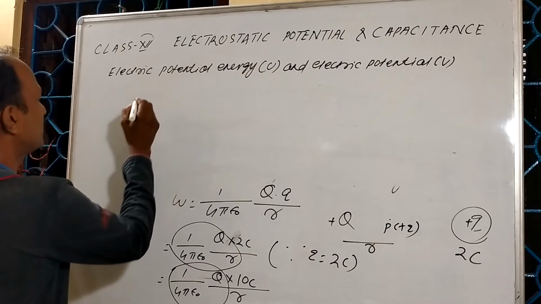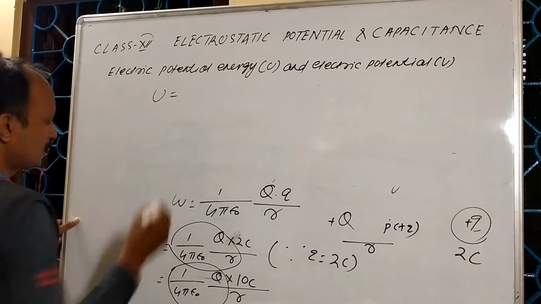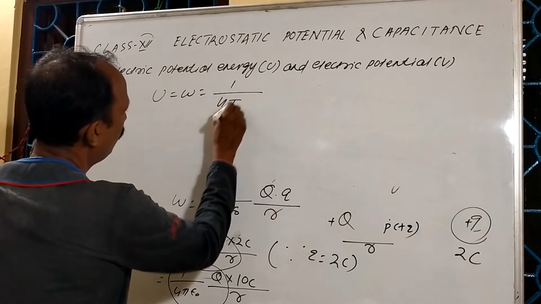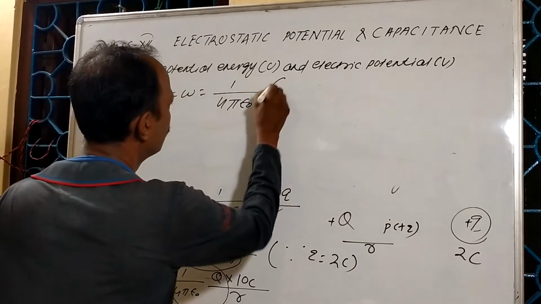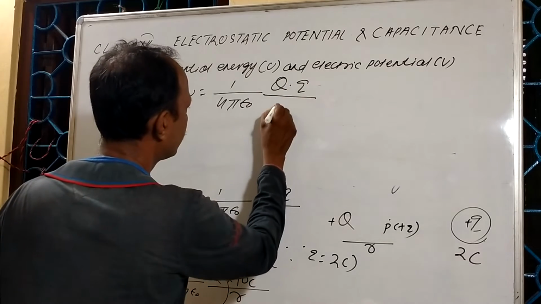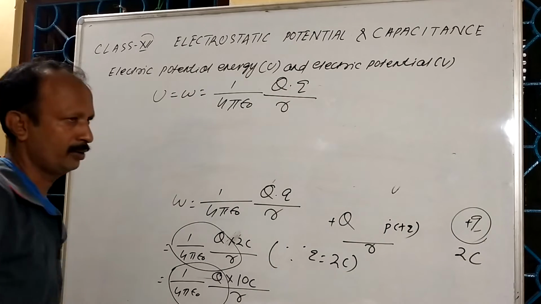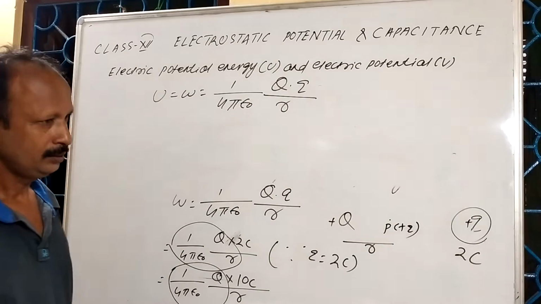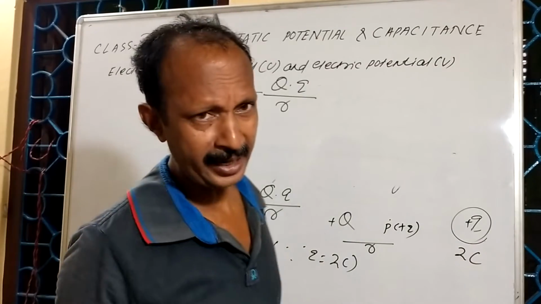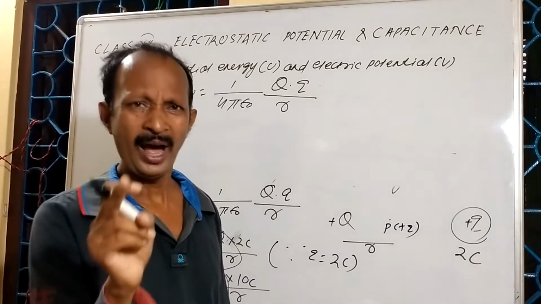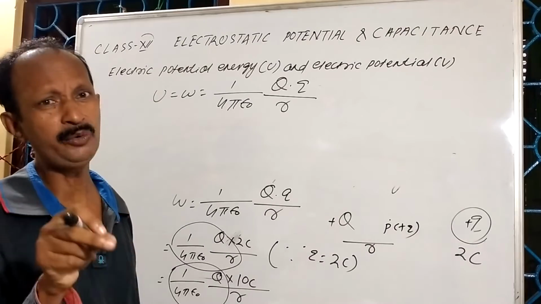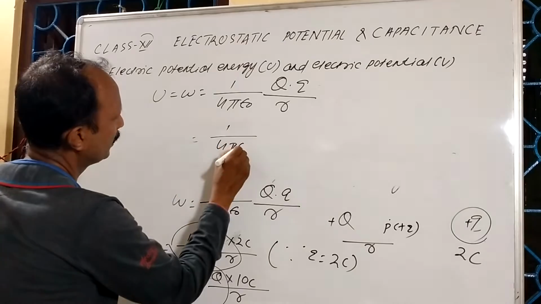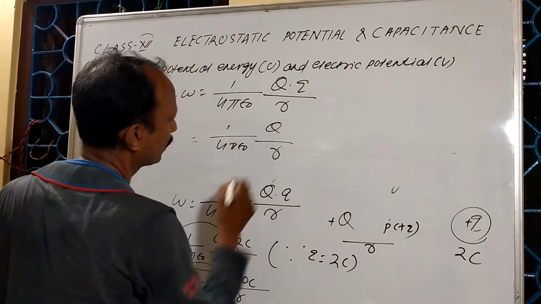electric potential energy. So in this case, this electric potential energy, U is equal to W, which is equal to 1 upon 4 pi epsilon naught Q into q divided by r. Listen carefully. In this case, this is the potential energy. If I use the unitary method, the work done for bringing a single unit positive charge is 1 upon 4 pi epsilon naught Q by r. Why?